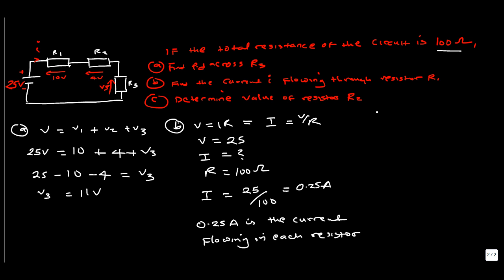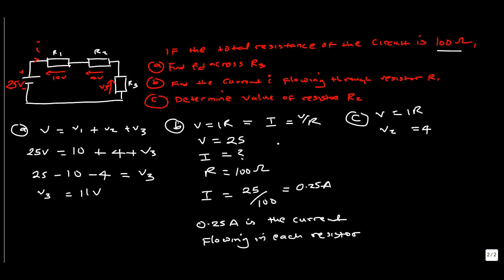And for part C, we have to determine the value of resistor R2. Ohm's law states that V is equal to IR. For this resistor, we know that the voltage is 4 volts, so V2 is equal to 4.